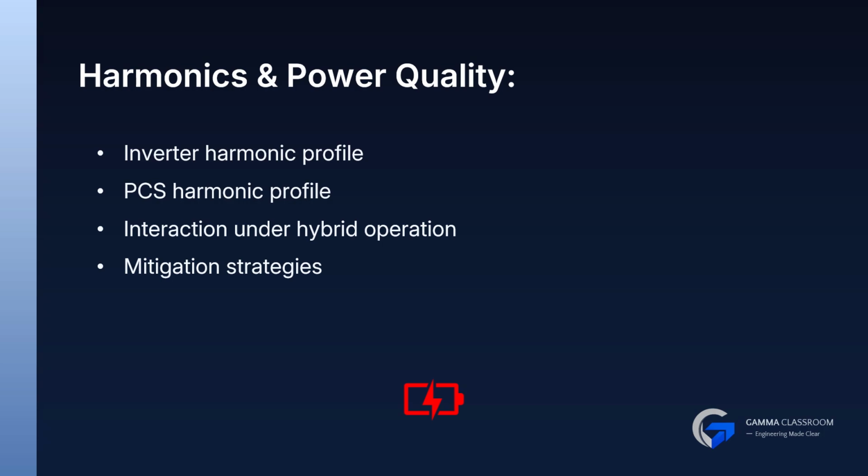Engineers must evaluate total harmonic distortion, switching frequency, filter design, and the interaction between PV inverters and PCS units. Good power quality is essential for grid acceptance and long-term reliability.